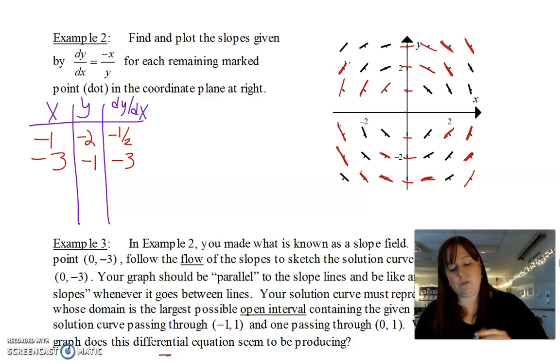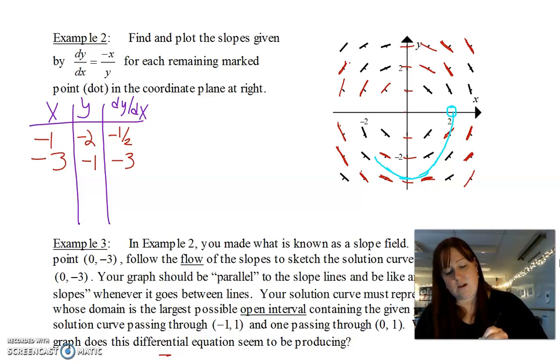All right, so we're going to follow the flow. So we're starting here, and we've got this slope of 0, and then it gets a steeper slope, and it gets steeper and steeper, and then it gets right here, and it's not defined right there, right?